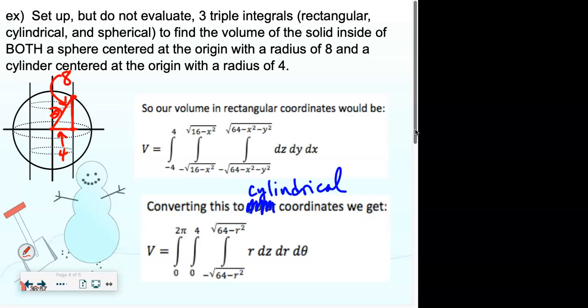This is x, 2x, this is 4 root 3. This angle here would be pi thirds for the triangle, which means this angle right here would be pi sixths. So my phi for my ice cream cone is going from 0 to pi sixths.